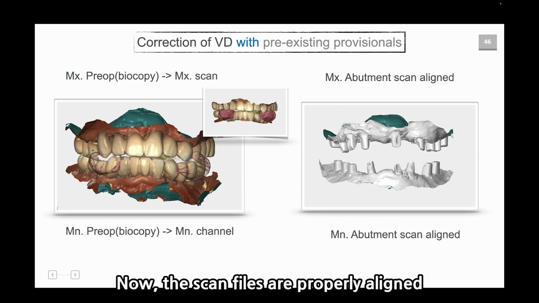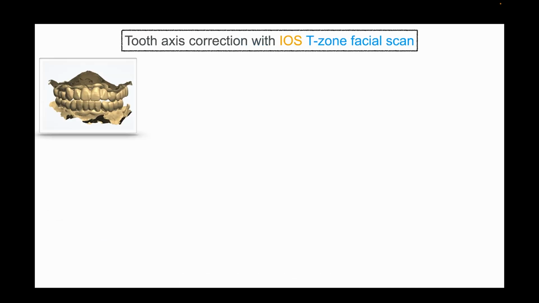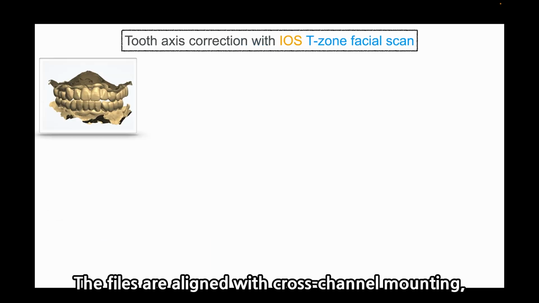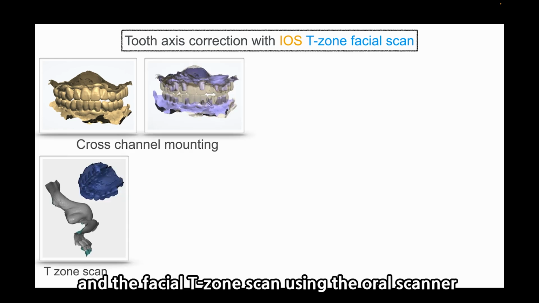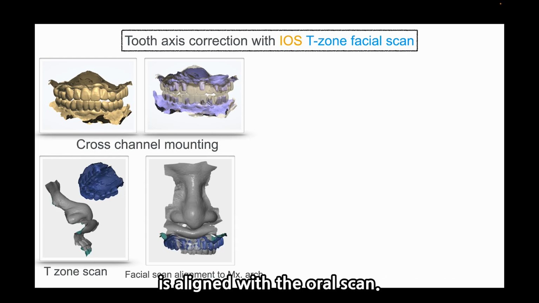Now the scan files are properly aligned in the desired position. The files are aligned with the cross-channel mounting, and the facial T-zone scan using the oral scanner is aligned with the oral scan.